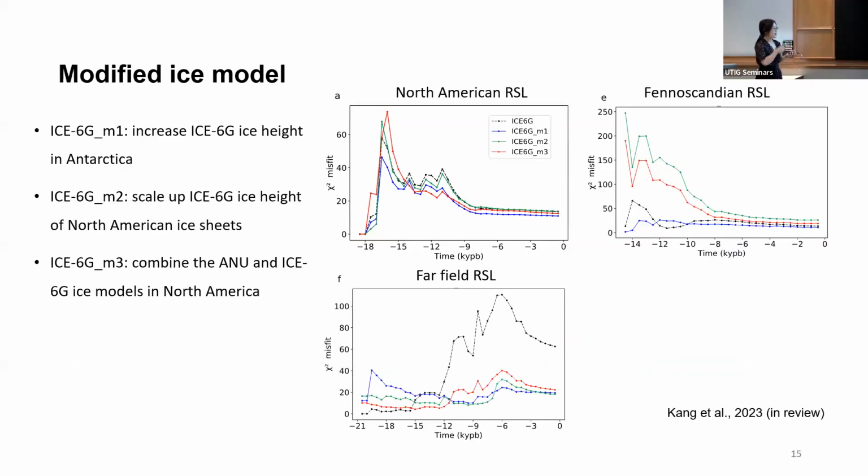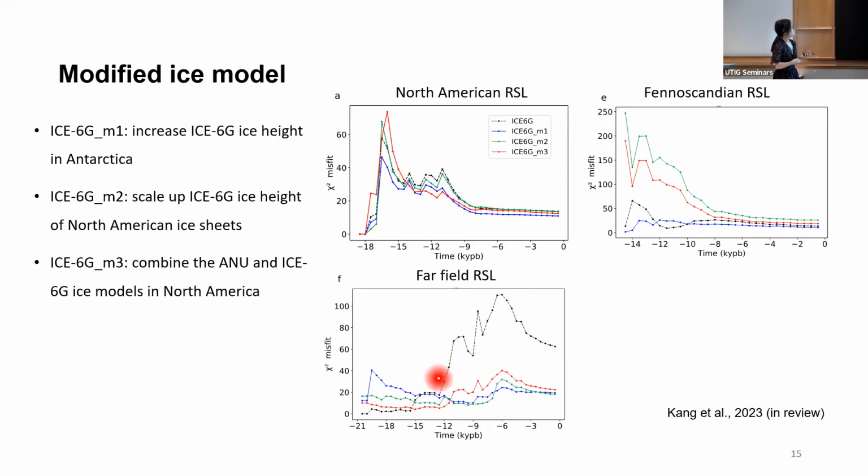And then we go back, we want to modify those ICG based on those misfit maps. We construct three kinds of different modified ice models. In all of those ice models, we try to increase the ice height either in Antarctica or in the North American region. And we compare those modified ice models with the original ICG ice.